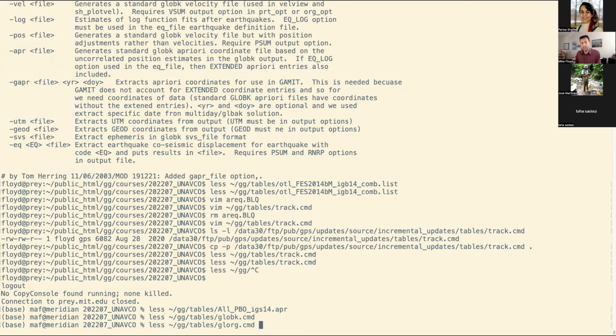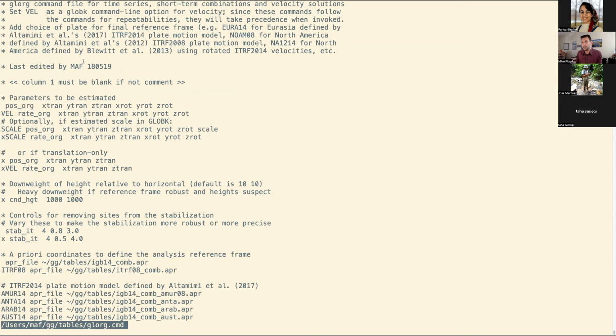Then in the GLORG command file, up at the very top here, you see the parameters that we are going to estimate when defining the reference frame. So normally we use this line, X, Y, Z translation and X, Y, Z rotation. But here it says, or if you're doing translation only, we would use this line instead.